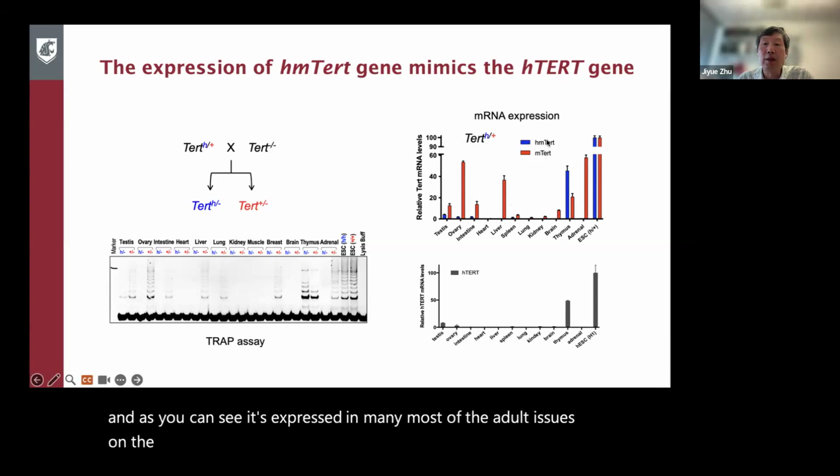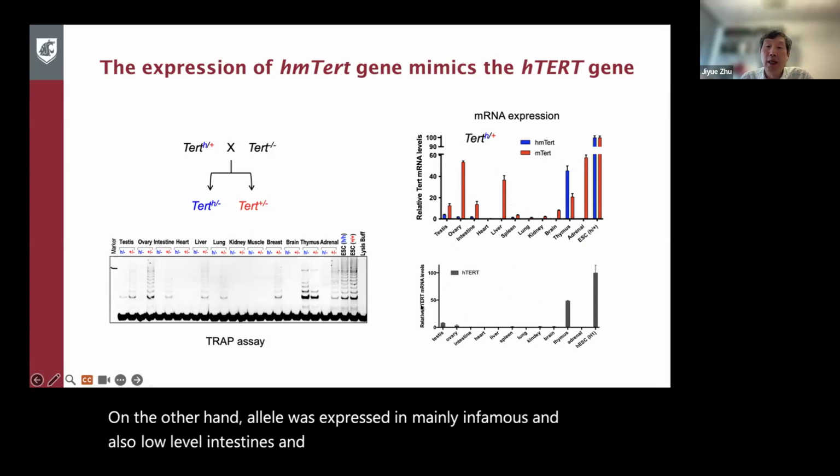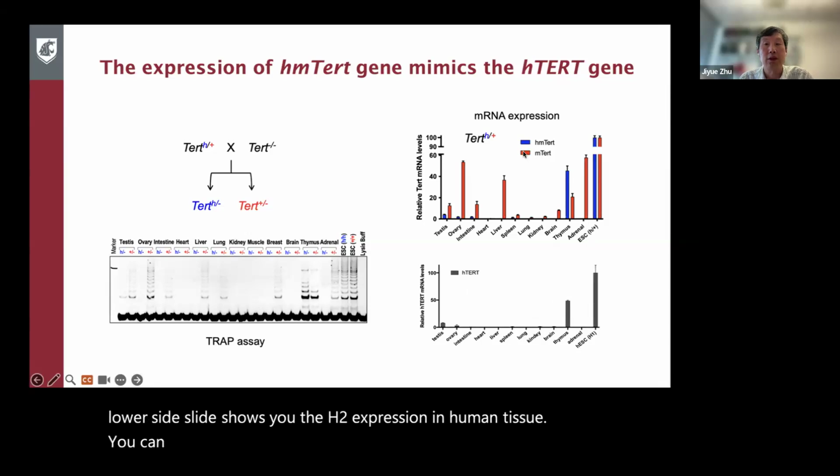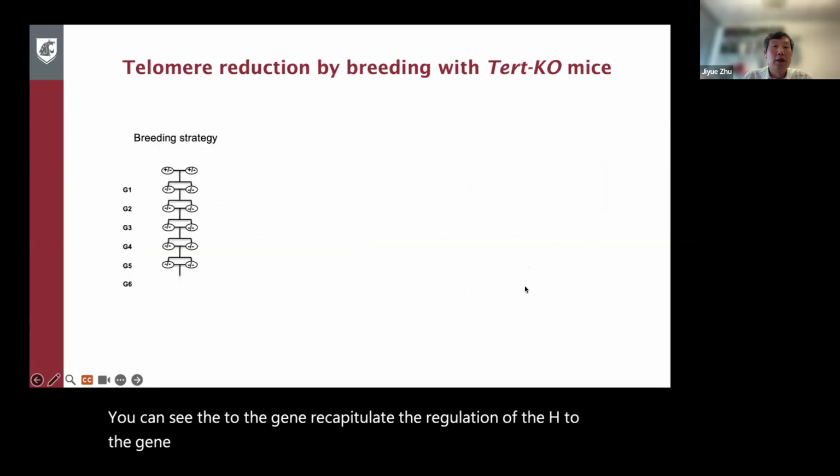On the other hand, the hmTERT allele was expressed mainly in thymus, and also at a low level in testis and ovary, as shown here. The lower slide shows you the hTERT expression in human tissue. As you can see, the hmTERT gene recapitulates the regulation of the hTERT gene in human.